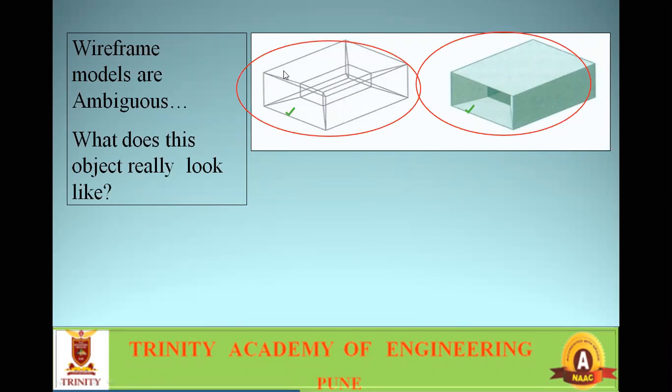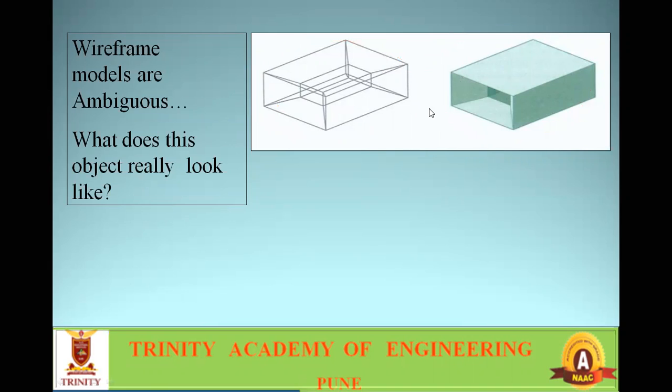So this one will be false, and this one will be two objects. So we should prefer a solid model instead of a wireframe model.